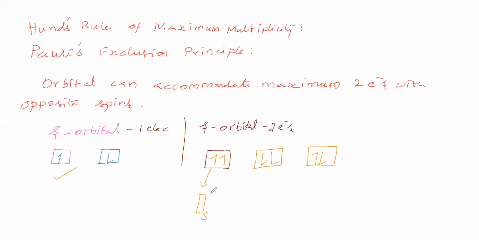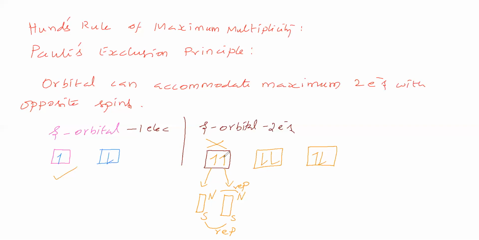Both are in the same clockwise spinning, therefore they are acting as tiny magnets, dipoles. Here the south pole repulsion is possible, similarly north pole repulsion is possible. Due to the repulsion, this existence is not possible.